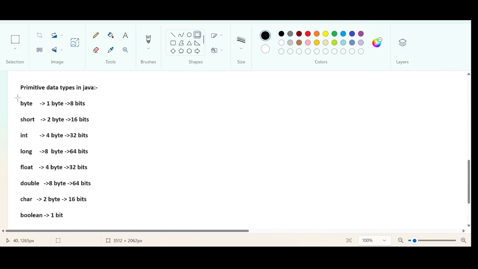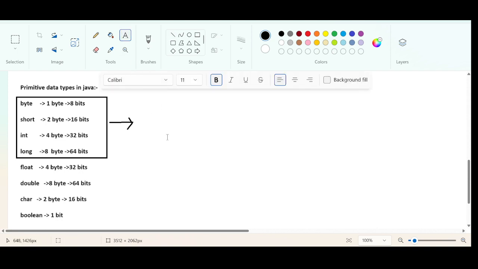So these 4 data types fall under one specific category. You can only store complete whole numbers without any fractional part. You can store positive numbers, negative numbers, but it should be a complete whole number without any fractions, without any floating points, without any precision. What do you mean by that?